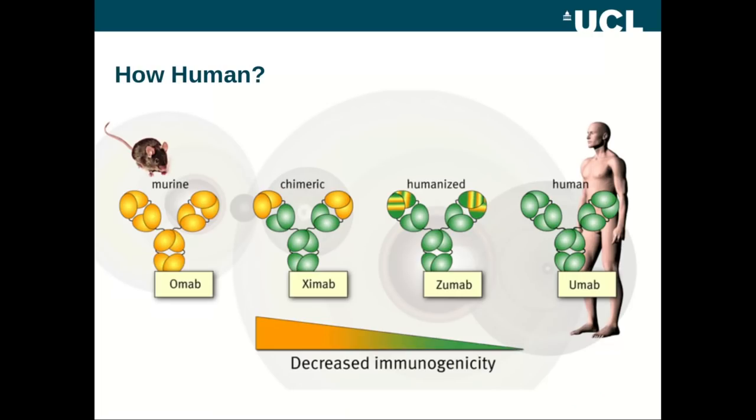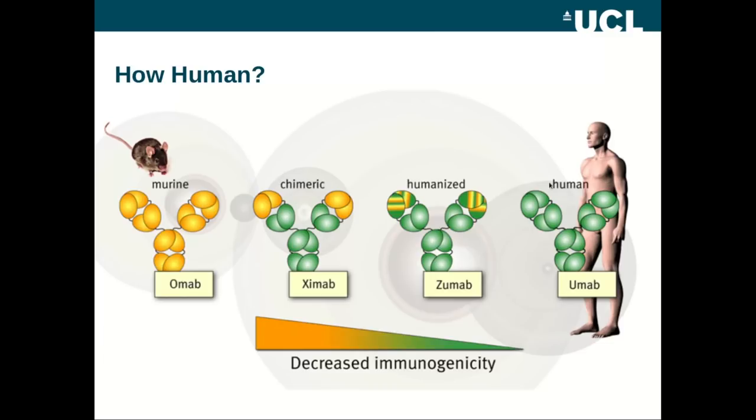So we've gone through this scale of starting with a fully mouse antibody, going through a chimeric, where we've replaced all but the FV region with human antibody, through to humanized, where we've replaced everything except the CDRs, plus a few extra residues to support the CDRs in precisely the correct conformation.